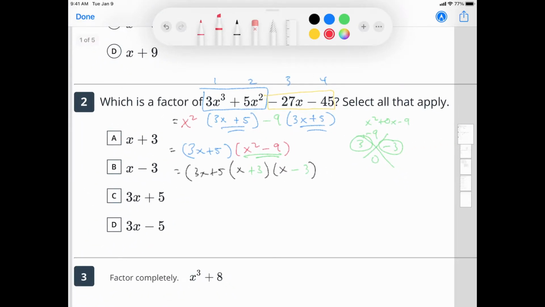So I'm going to select all that apply. So an x plus 3 here. Here, x minus 3 works, and a 3x plus 5. So A, B, and C for that one.